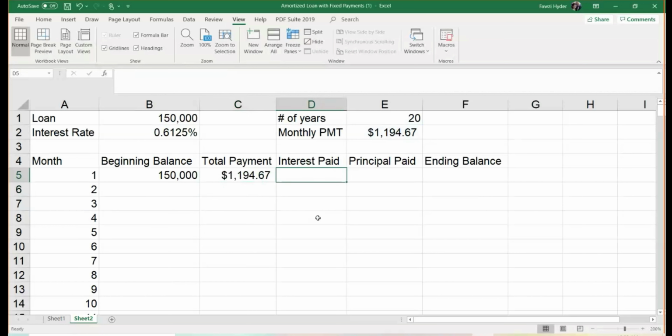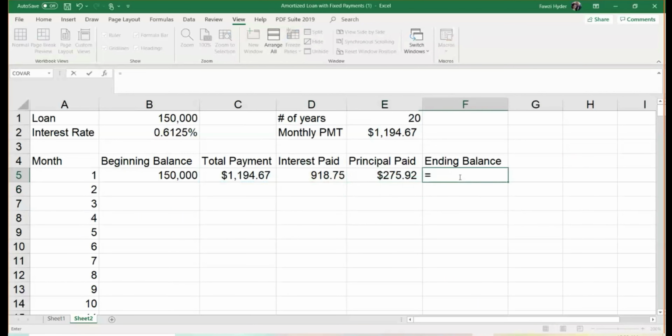The interest paid is equal to the beginning balance times the interest rate. And here, once again, I need to click on F4, enter. The principal paid is equal to the total payment minus the interest paid. The ending balance is equal to the beginning balance minus the principal paid.